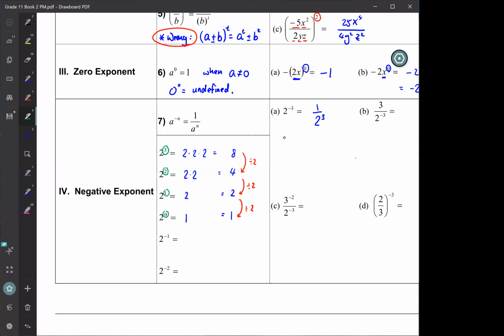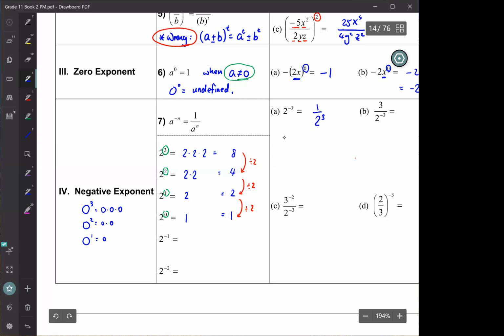And remember I told you that there's a restriction. The base cannot be 0. So let's see what happens if the base is 0. 0 to the 3 will be 0, because 0 times 0 times 0. 0 to the 2 will be 0 times 0. 0 to the 1 will be 0.